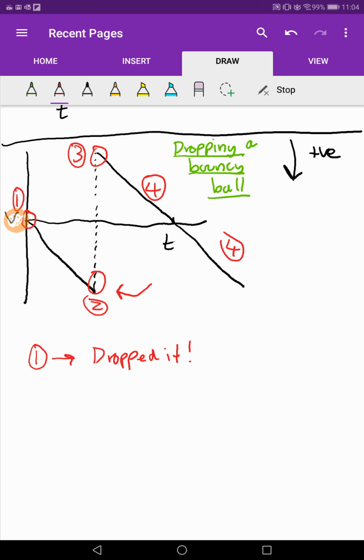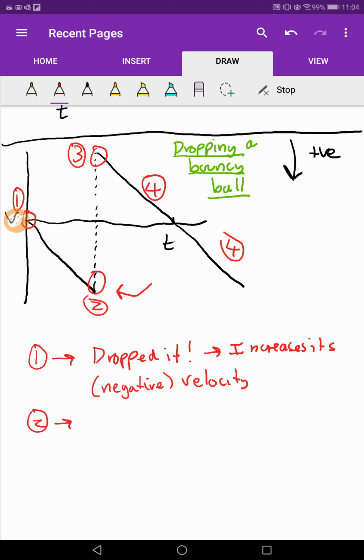And it then increases its velocity, in brackets negative. And 2 hits the floor. So it increases its negative velocity until it hits the floor, at which point it bounces upwards.